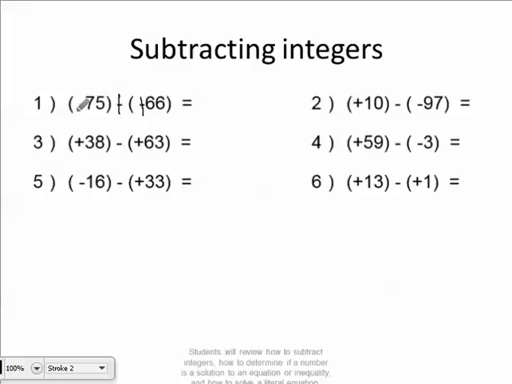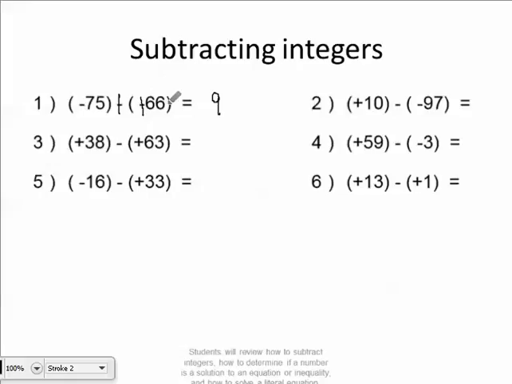Now, the minus 75 is bigger, so that means my number at the end is going to be a negative number. So let's look at this, 75 and 66. Well, the difference between those is 9 units, right? So let's see here. If I go from 66 to 75, 66, 67, 68, 69, 70, 71, 72, 73, 74, 75. Yep, that was 9.